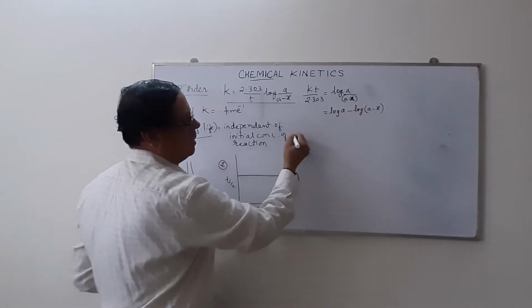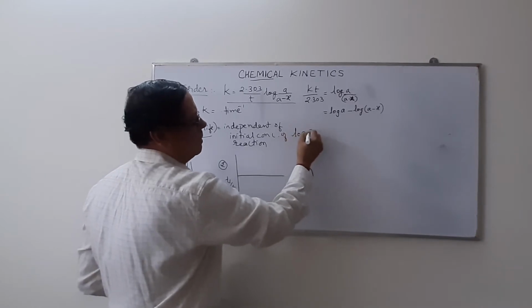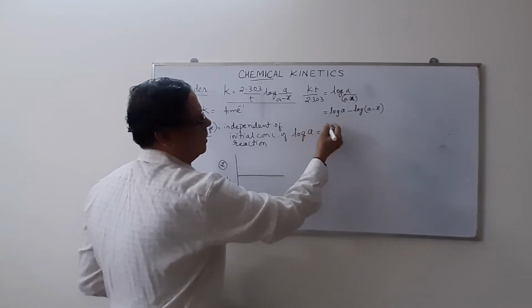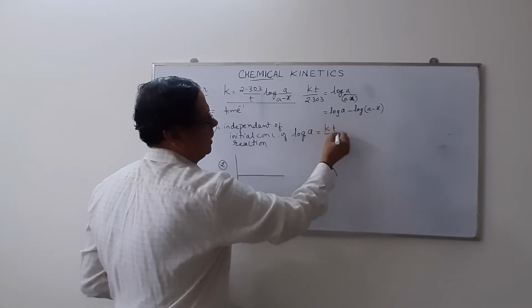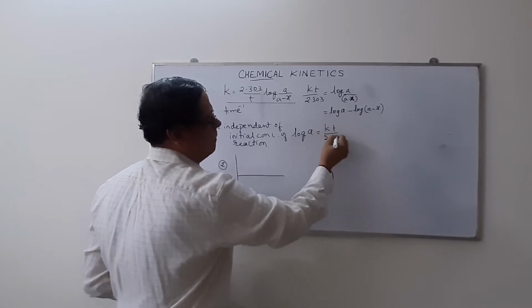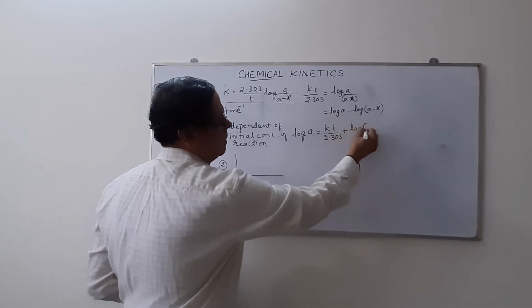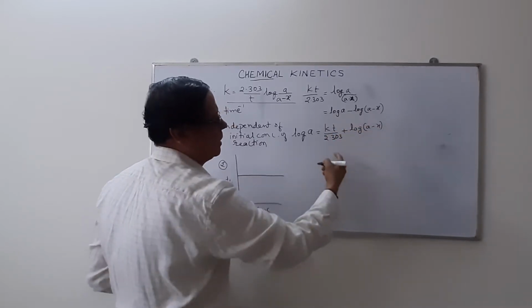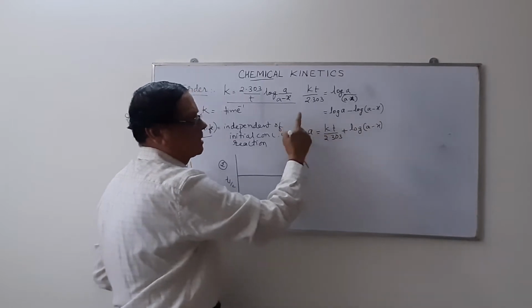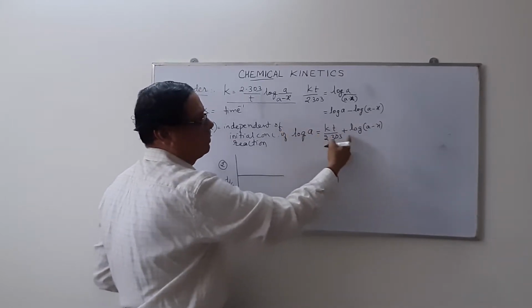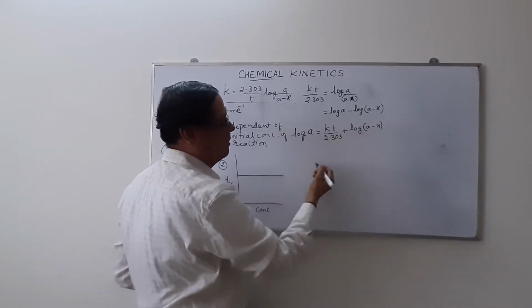If I take this log a to the other side, log a is equal to kt divided by 2.303 plus log a minus x.